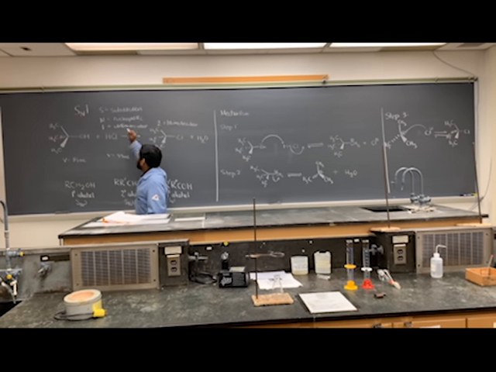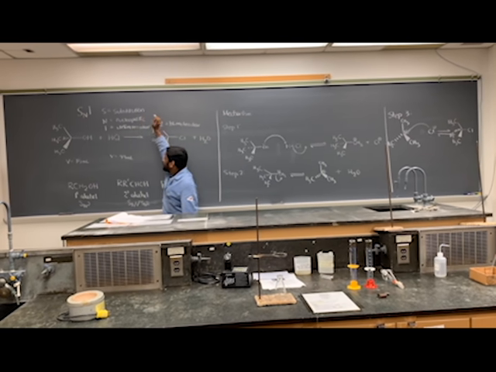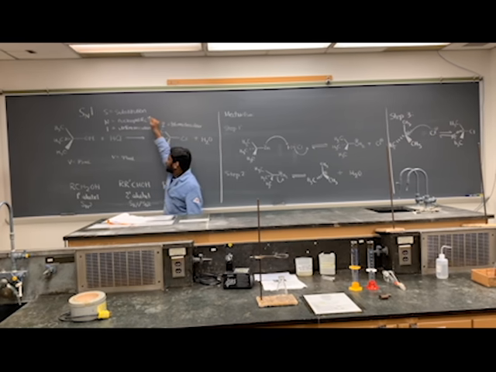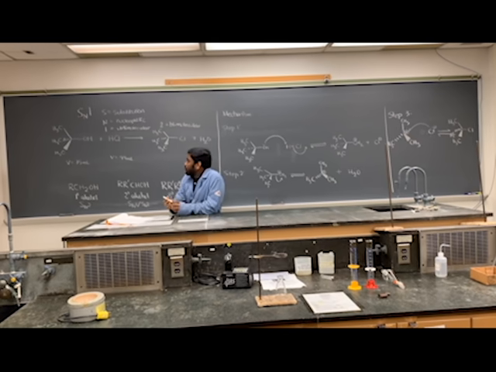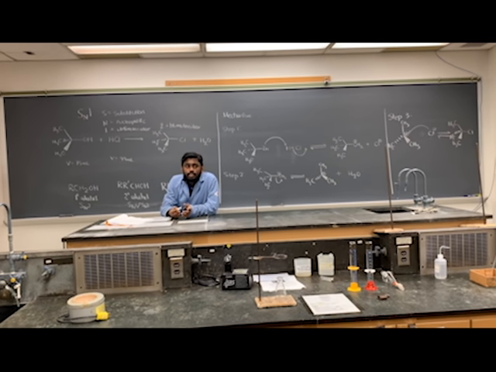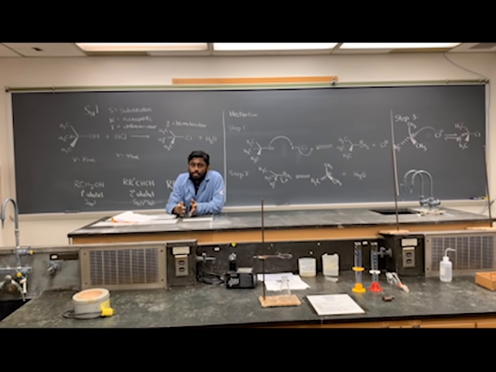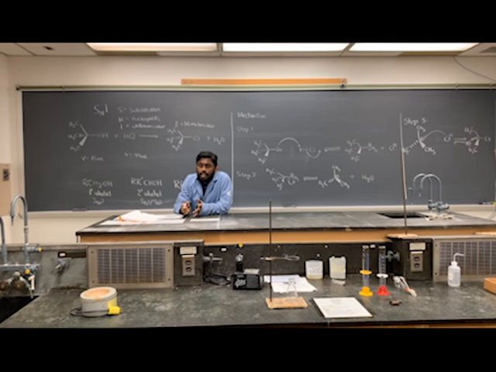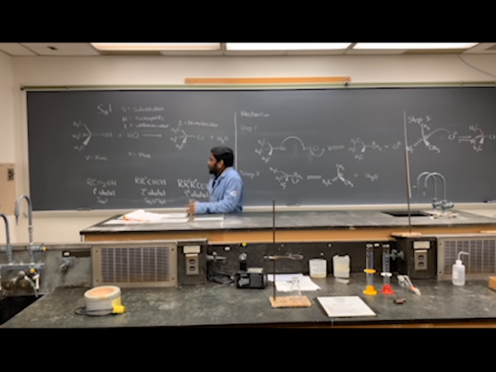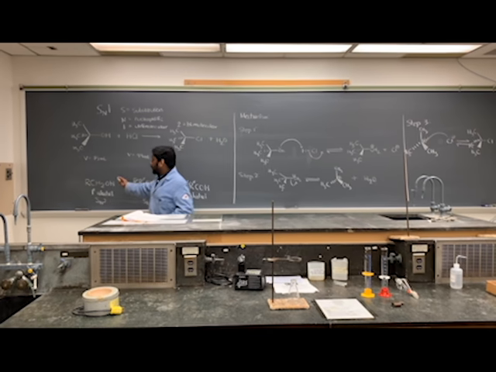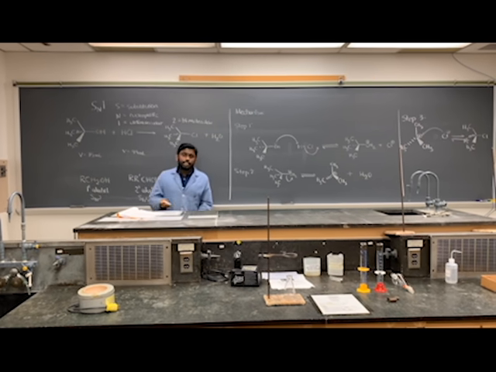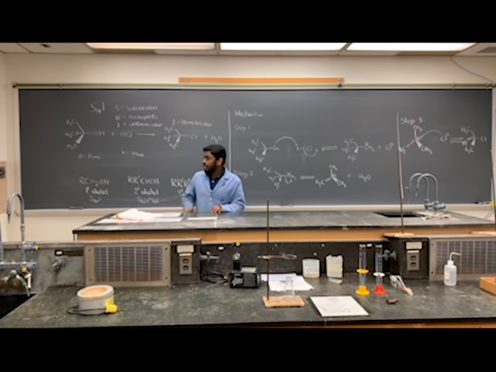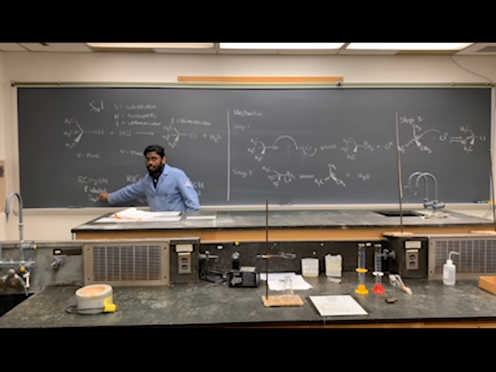SN1, the S stands for substitution, the N stands for nucleophilic, and the 1 stands for unimolecular. Now, typically, when we convert an alcohol to the corresponding alkyl halide, if we are using a primary alcohol, that reaction will proceed via SN2 mechanism.